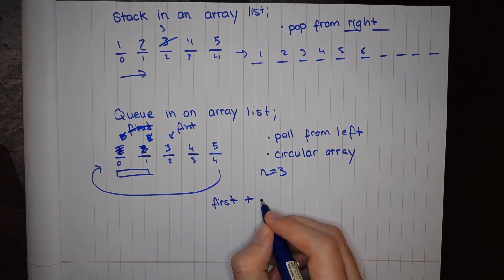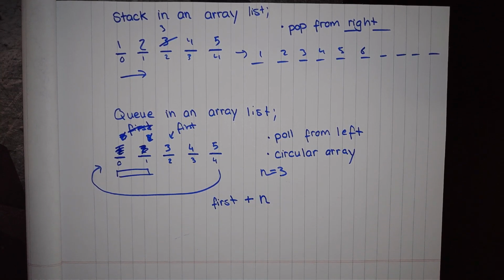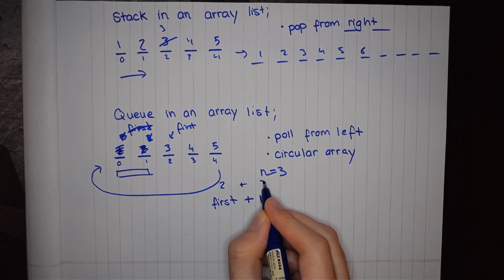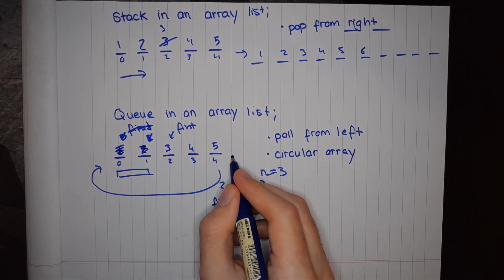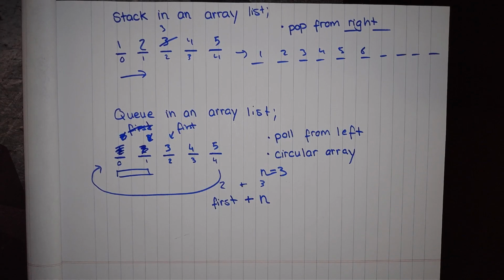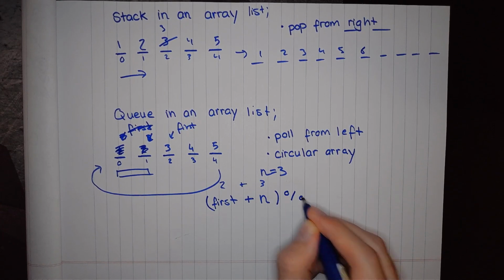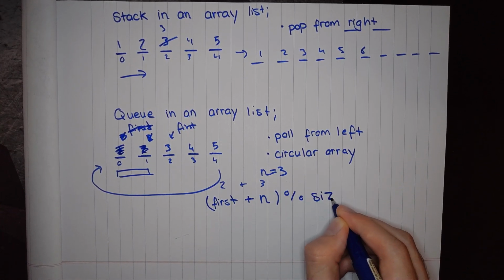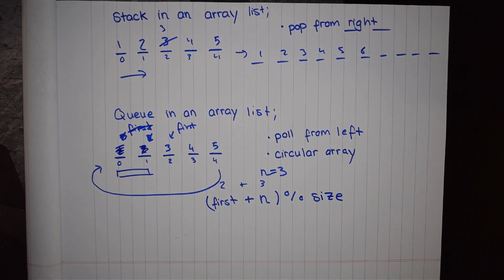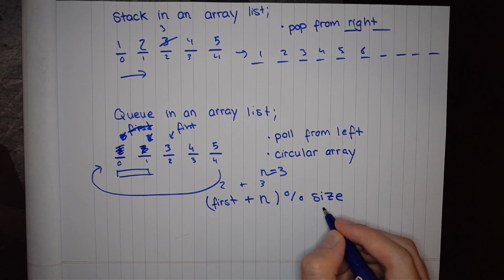And n is going to be equal to 3, right? So then, in this case, I would do 2 plus 3. That gives me 5, but 5 is out of bounds for this array. And I would just do a modulo with the size of the array here, which is also 5, right?